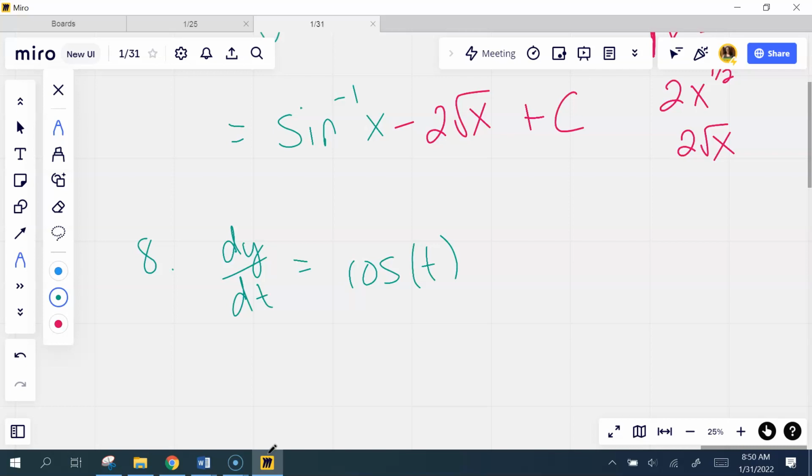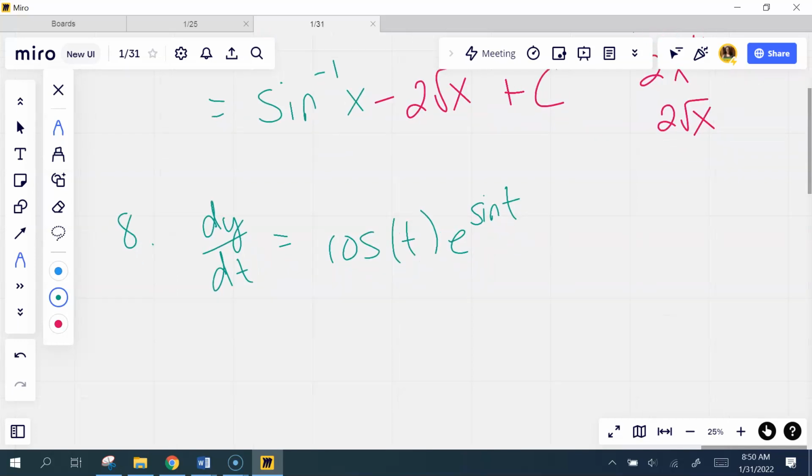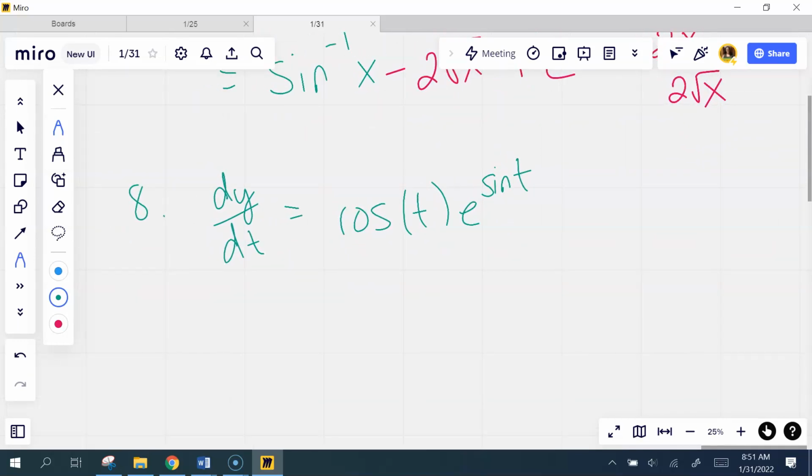I left you the video on U substitution yesterday. We'll talk extensively about U substitution when we get there, but this is kind of a precursor to U substitution. If I want to find a general solution here, you really have to think this one through.